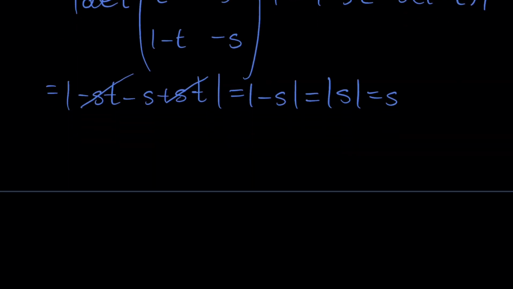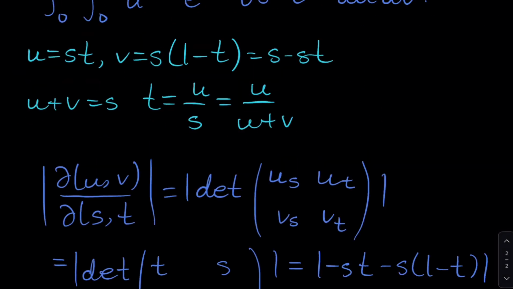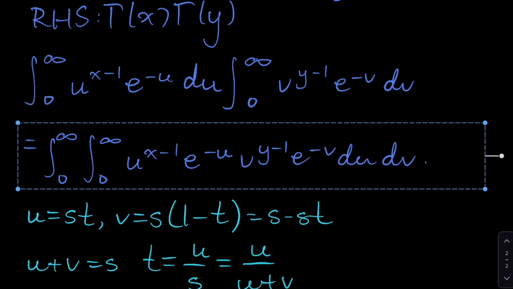Now we have to do the limit change. So how do we change the limit? Our limit was previously 0 to infinity, and 0 to infinity. Let me copy and paste our integral from up there.